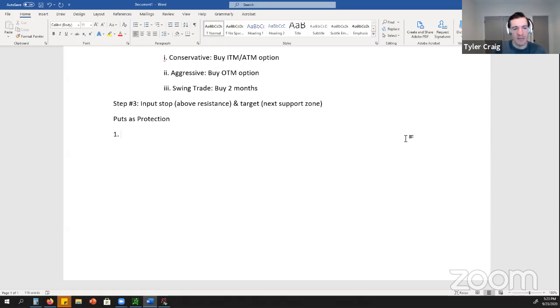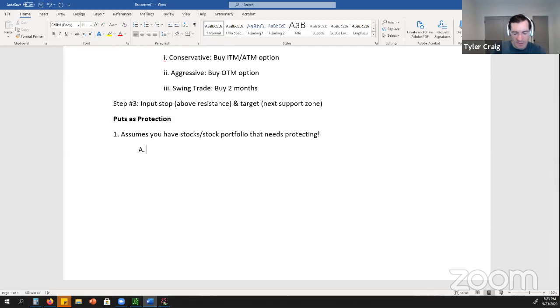Well, number one, this assumes you have stocks or a stock portfolio that needs protecting. So now we're adding puts onto an existing position. We're adding a long put onto an existing position, such as long 100 shares of stock.